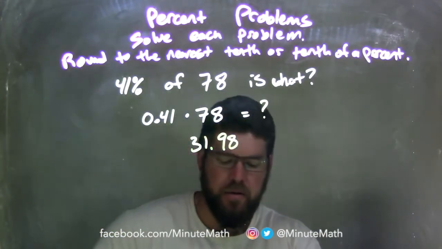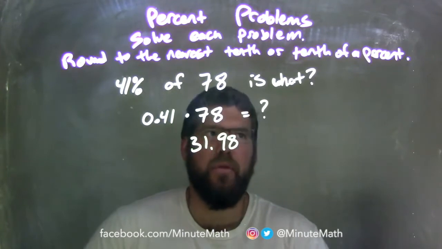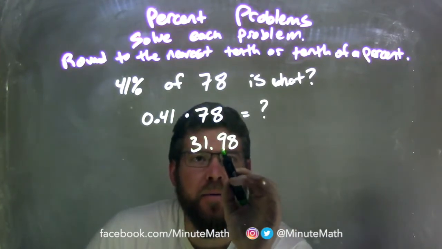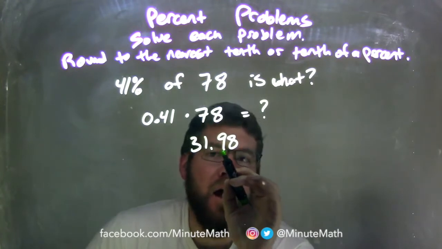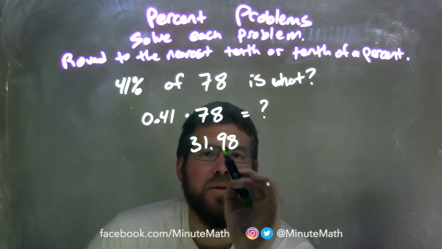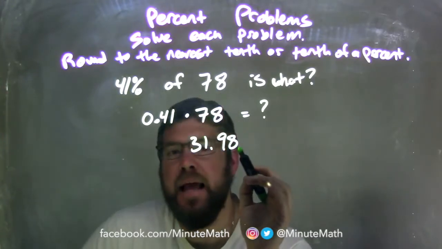But I need to round to the nearest tenth of a percent. So this one's a tricky one. I look at the 9 there. If the 9 gets rounded up, the next digit up, this becomes a 2 and that becomes a 0. We look to the right of the 9 and we see that there's an 8.